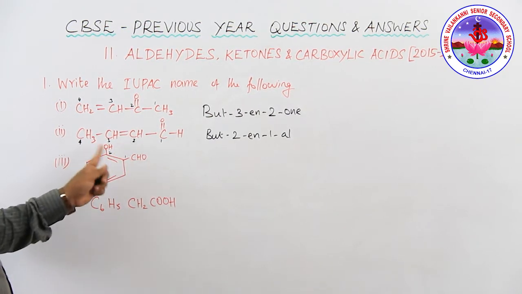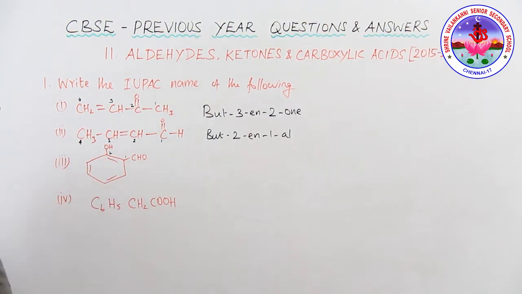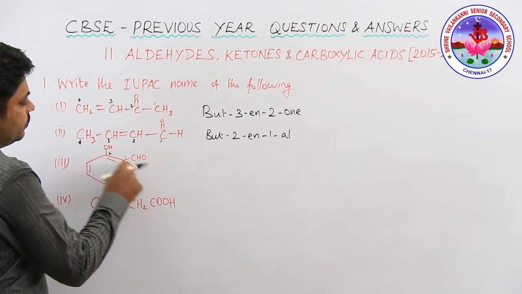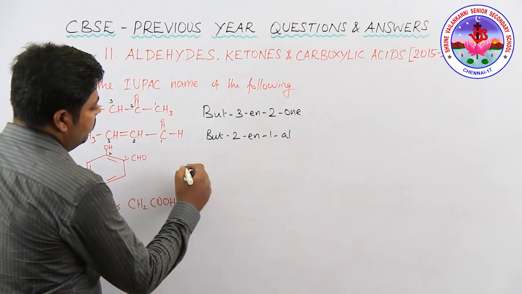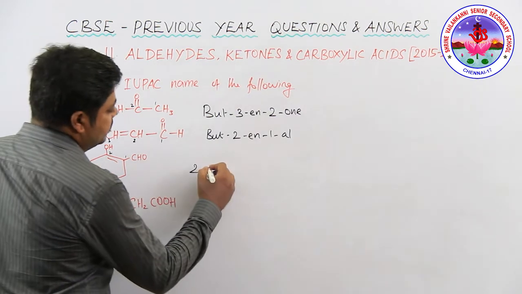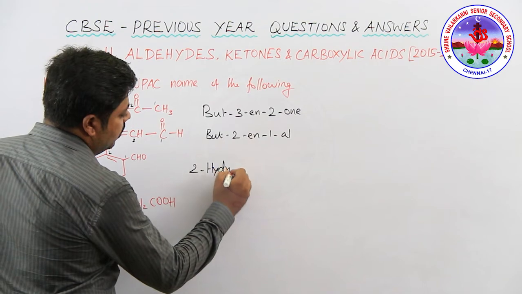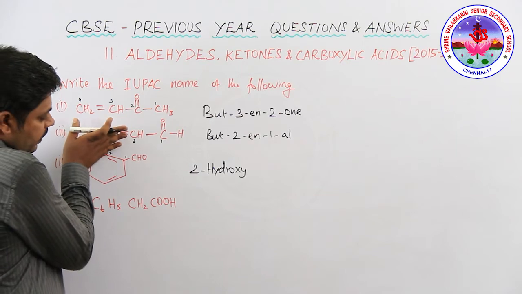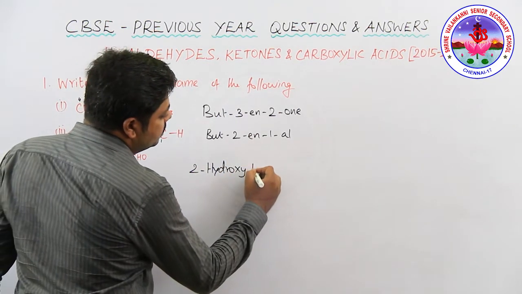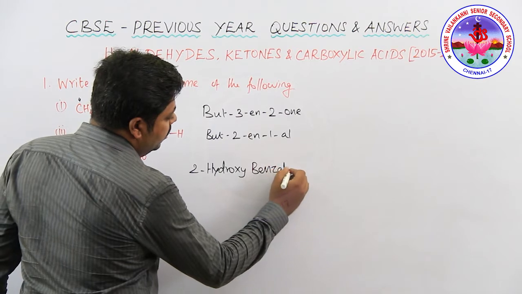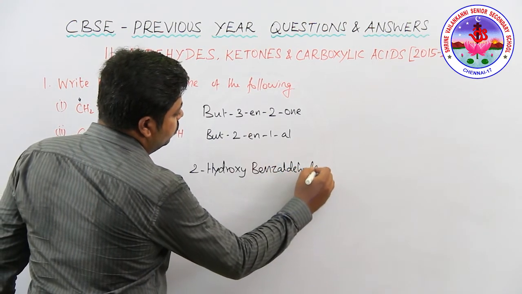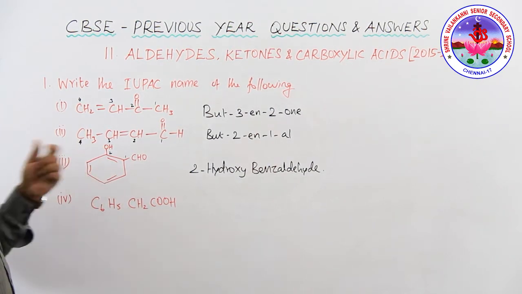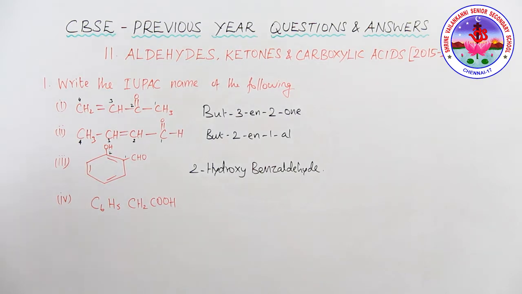Because different functional groups are present, you have to mention the OH as hydroxy. So it is 2-hydroxy benzaldehyde, or benzene carbaldehyde. The common name is salicylaldehyde. Okay.